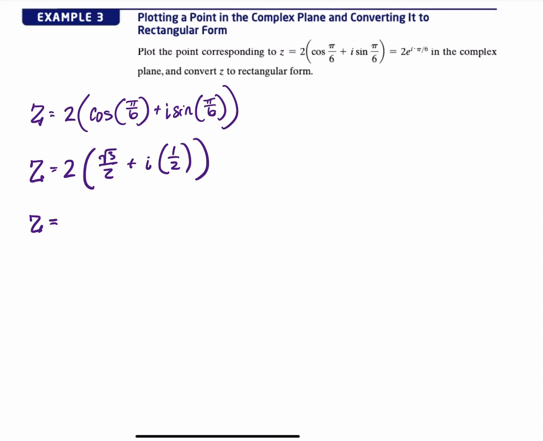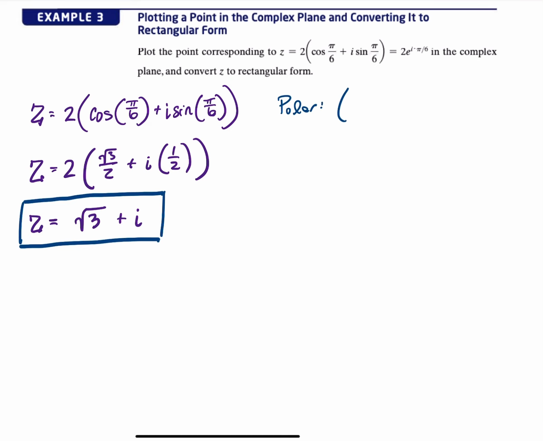So distribute that 2. It's going to cancel with the 2 in our first term and also with the 2 on our second term. So we get the square root of 3 plus i. Notice that's now back in rectangular form. Just need to evaluate. So in terms of our polar coordinate, I know it wasn't asking for this, but just to compare the two.